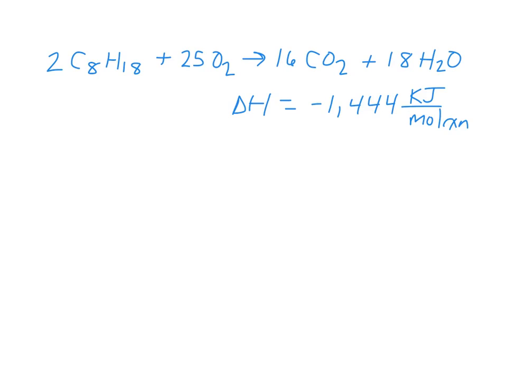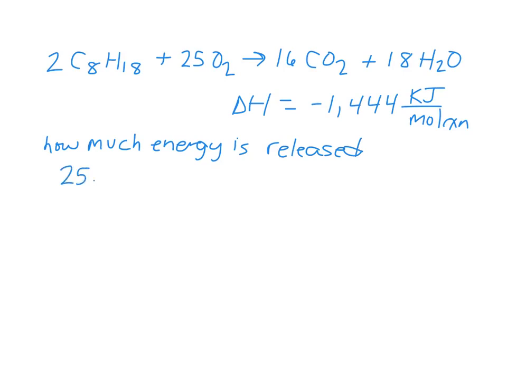You will also get questions that say things like, how much energy is released when you burn, as an example, 25.0 grams of octane. We'll say how much energy is released when 25 grams of octane is burned.